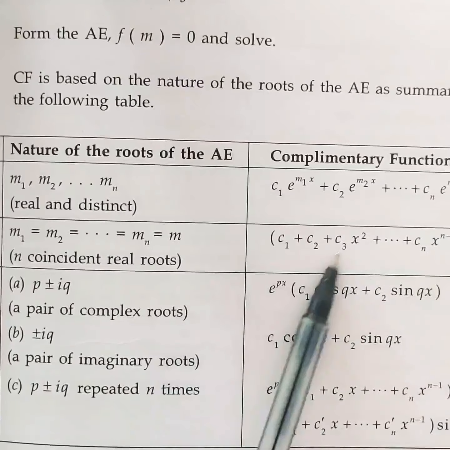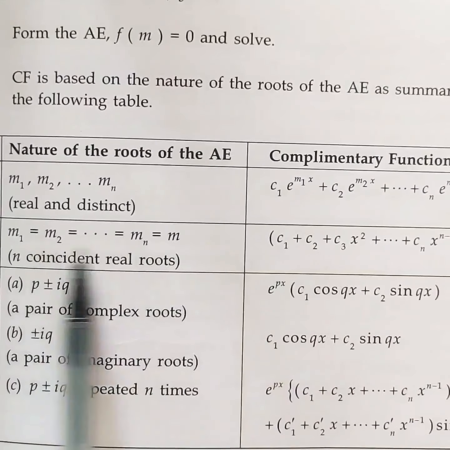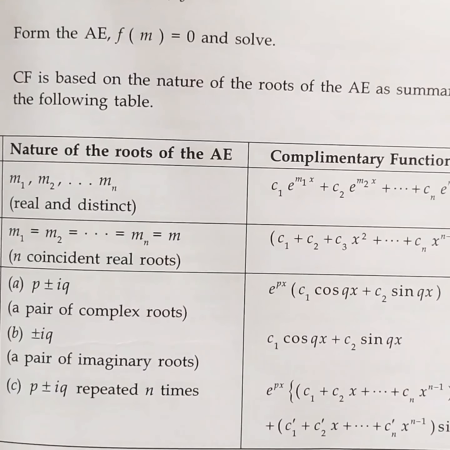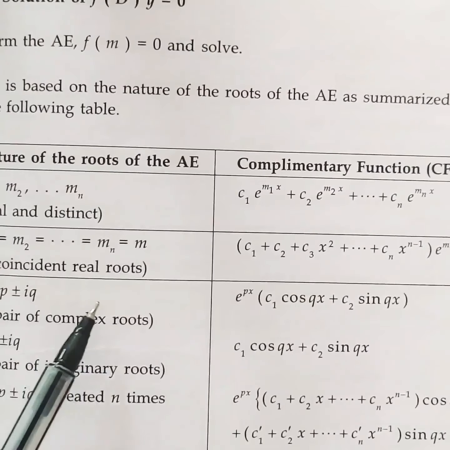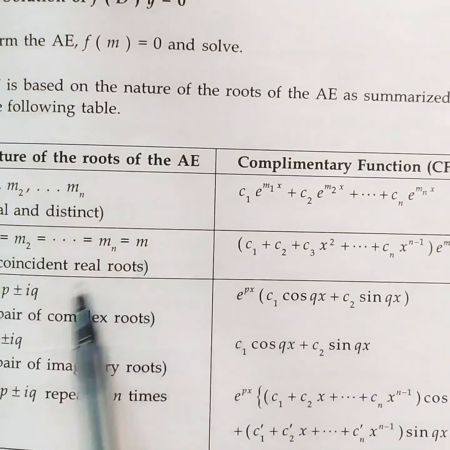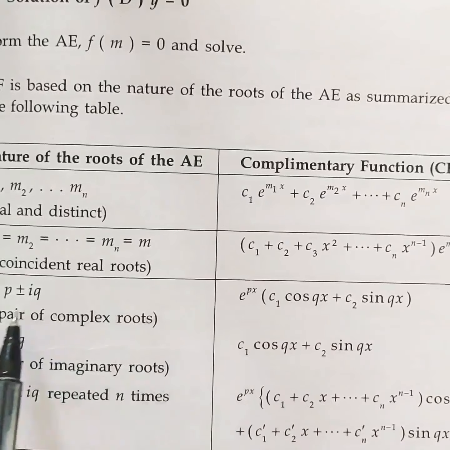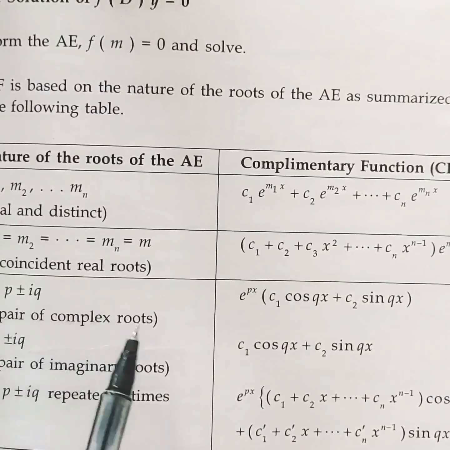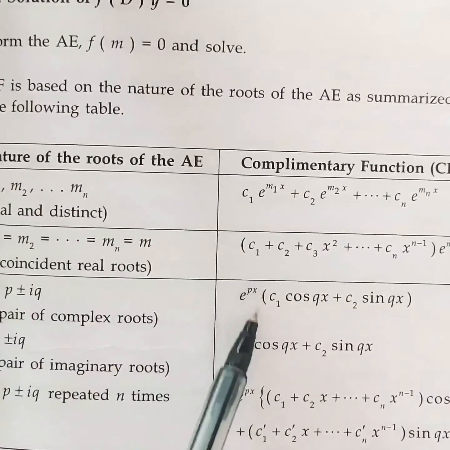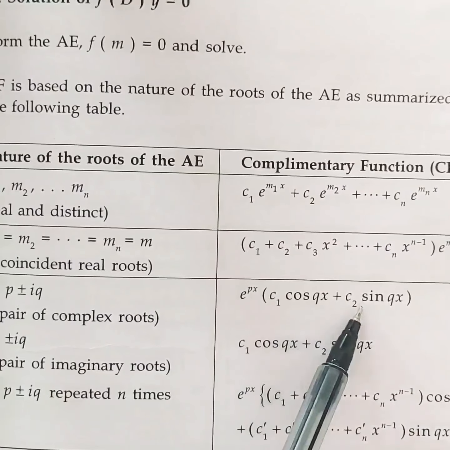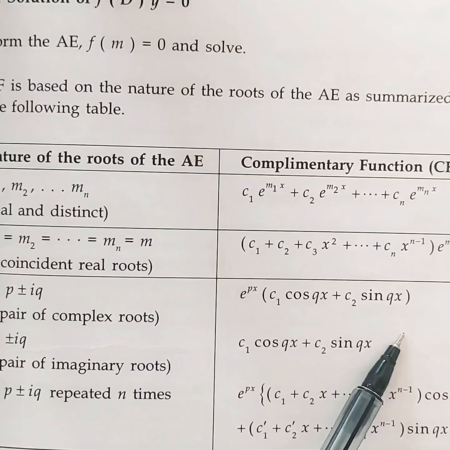So if the roots are the same, we even saw one problem that m square is equal to 0, two coincident roots, so this is a solution. And if the roots are complex, p plus iq, then e power px, the real part, times c1 cos qx plus c2 sin qx.